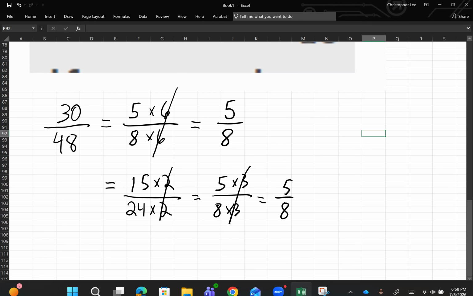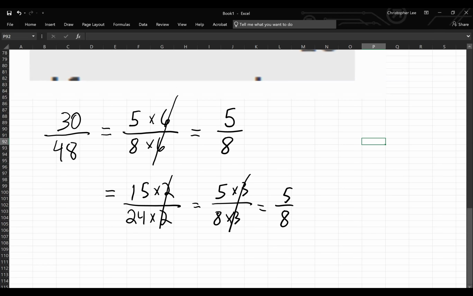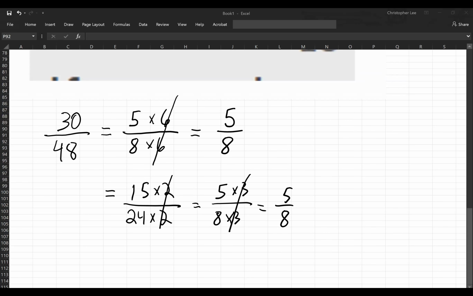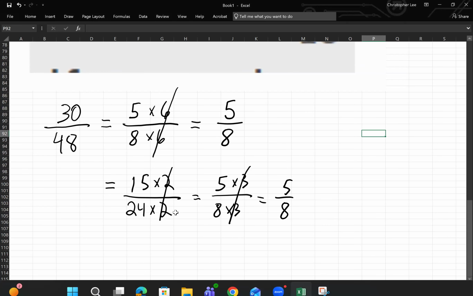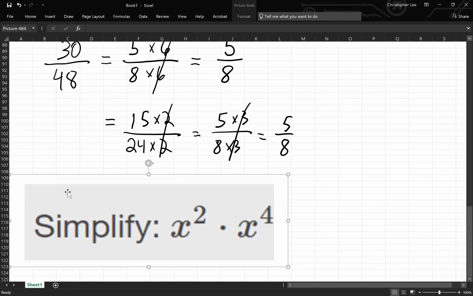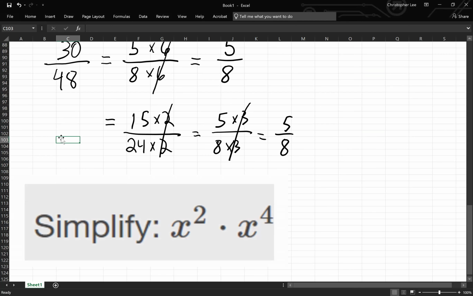All right, let's try something else. We kind of did this earlier, but why not? Let's do it for fun. All right. So this is x squared times x to the fourth.